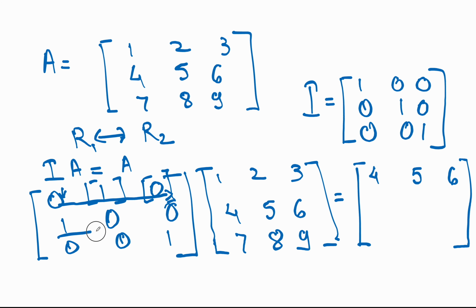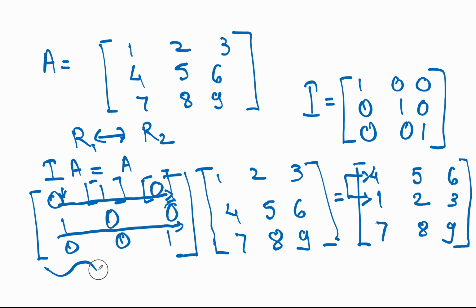Similarly, second and third rows get multiplied with 0, and only the first row gets multiplied with 1, which gives 1 2 3, and the last row stays as it is. So we can see that these two rows have been interchanged.